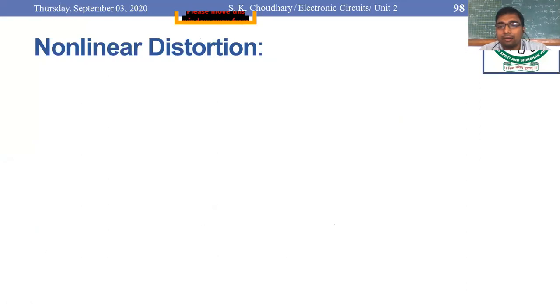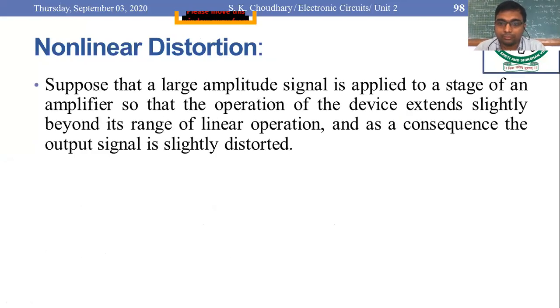The third kind of characteristic is non-linear distortion. We know that our amplifier is made up of active devices like BJT, MOSFET, op-amp, whatever. So it would have certain non-linear characteristics. Till date, we have discussed the small signal amplifier actually.